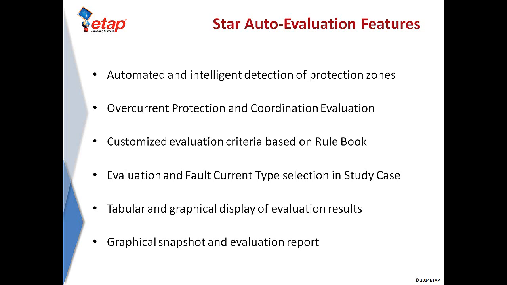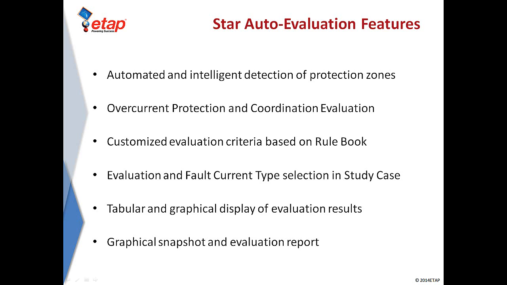It has the possibility to select the type of the evaluation, like protection or coordination or both, and also the type of the fault, like phase or line to ground. It provides you with the tabular and graphical display of evaluation results and gives you the opportunity to fix any observed issues right at the spot.